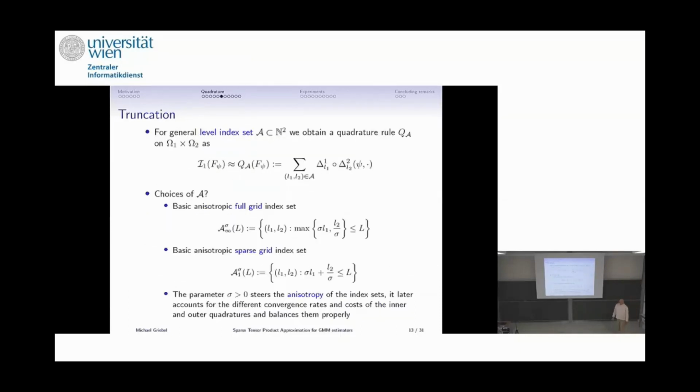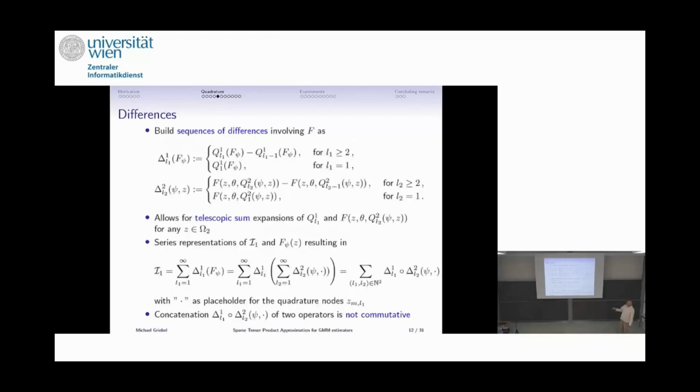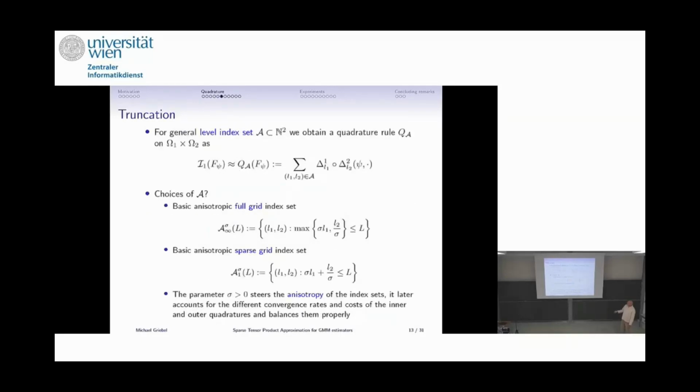So the issue now is this is an infinite double series over two level numbers. And now we have to somehow truncate that to get a quadrature approximation. And we do this by a level index set A, which is a subset of N2. And the question is, what are our choices? Well, if we are for a full grid, then we take the maximum of L1 and L2.